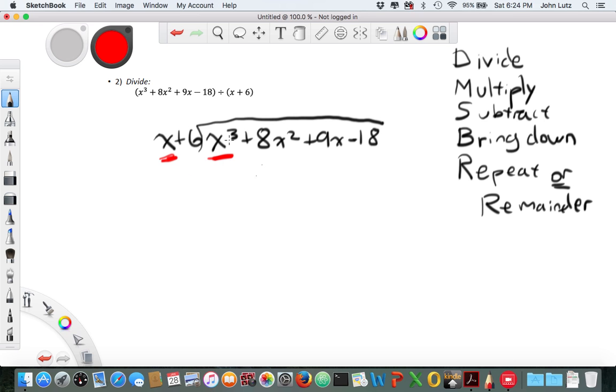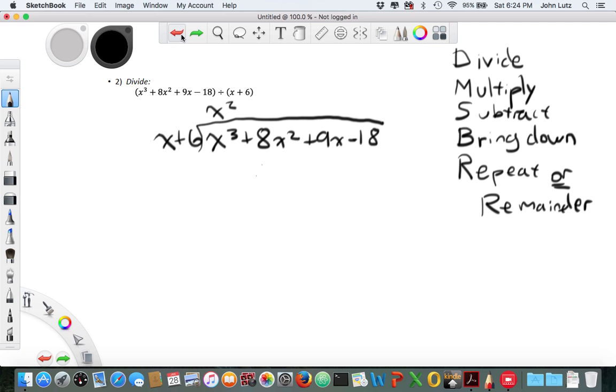So I'm going to say, what is x cubed divided by x? Okay, x cubed divided by x is x squared, right? Because when I do x squared times x, I get x cubed.